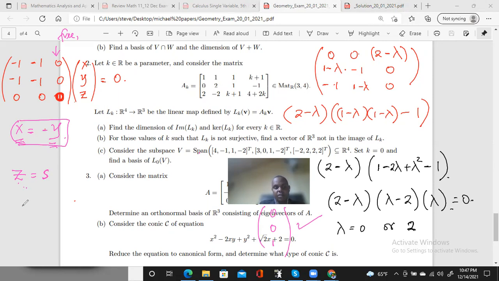So you could say 1, -1, 0. This is x, negative y, and z. Z is not related to x and y, so where z is found, there will be no x and no y.